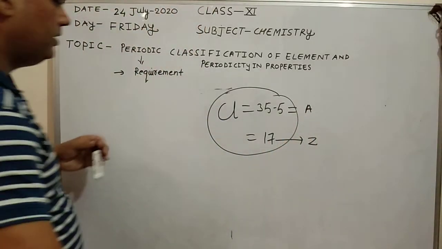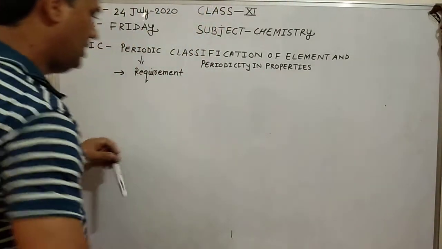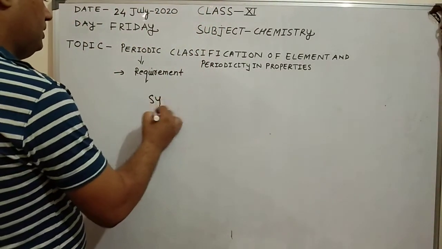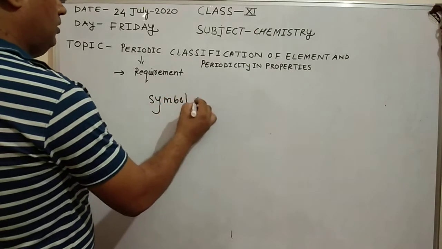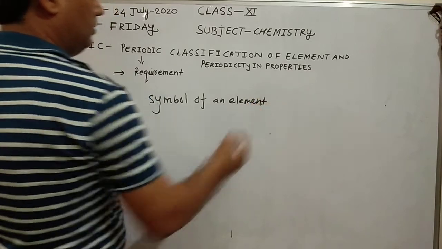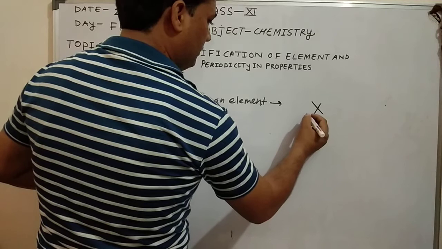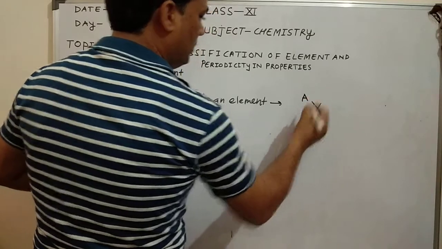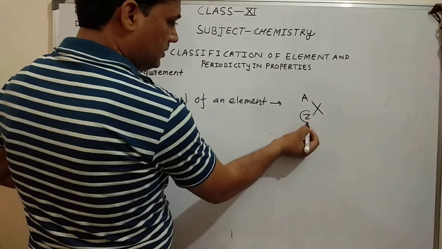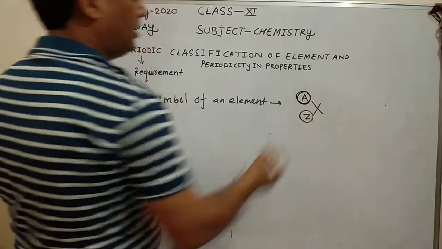Next important point is symbol. How to write the symbol of an element? The symbol is represented in this way. Z is written in lowercase and A is written in uppercase.